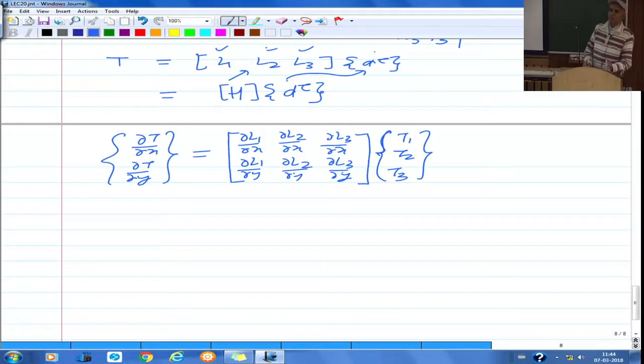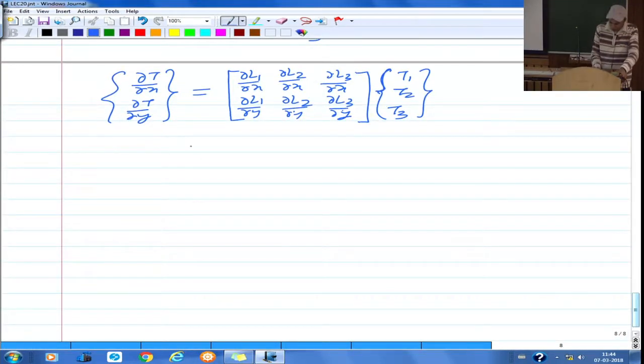So, because T is L1 T1 plus L2 T2 plus L3 T3, its derivative with respect to x is going to be simply the derivatives of shape functions with respect to x, into T1, T2, T3. Similarly for y. So, this is what you will have, and we call this your B matrix, a gradient matrix. So, you can say this is B into d^e, and obviously B is a 2 by 3 matrix. This you are calling as B^e.